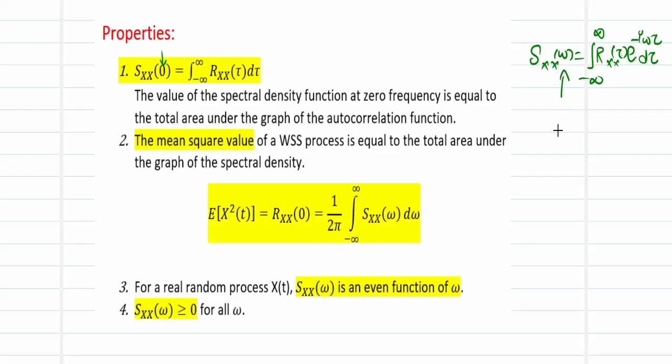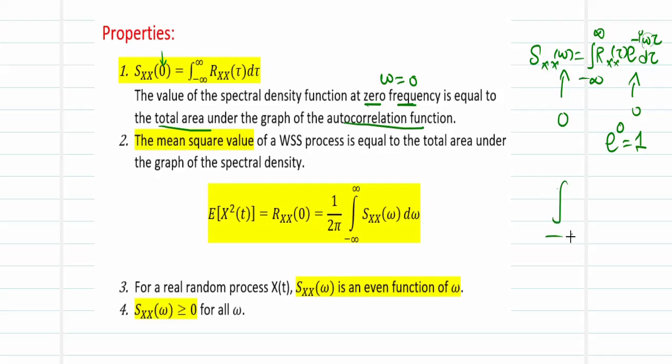When I replace omega with 0, e to the power of 0 turns out as 1. So this becomes the integral of Rxx of tau times 1 times d tau. What does this represent? The value of the spectral density function at zero frequency, which means omega equal to 0. It represents the total area under the graph of the autocorrelation function.